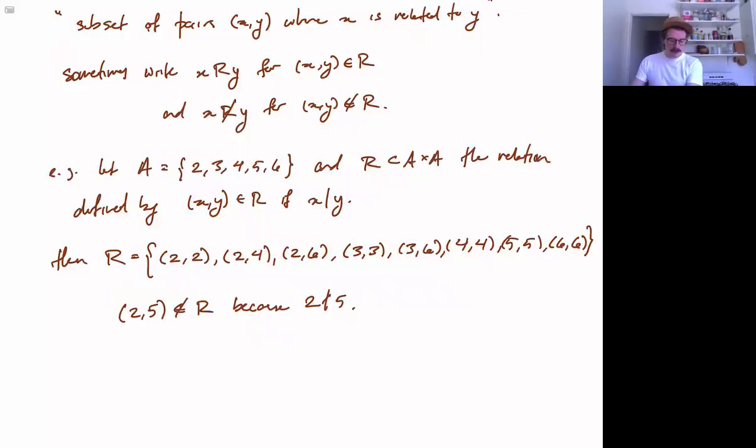But if you want to visualize things, there's a couple ways that you can diagram it. Let me write that down.